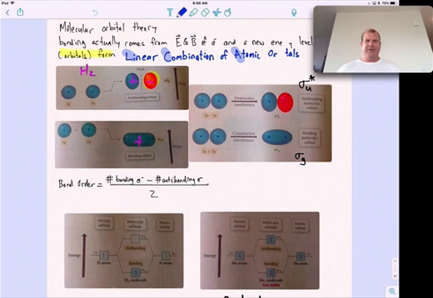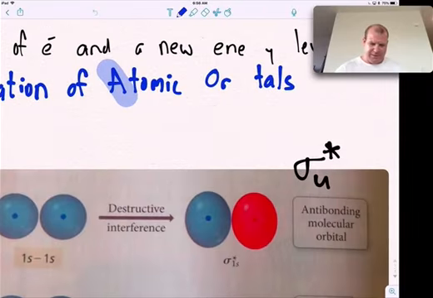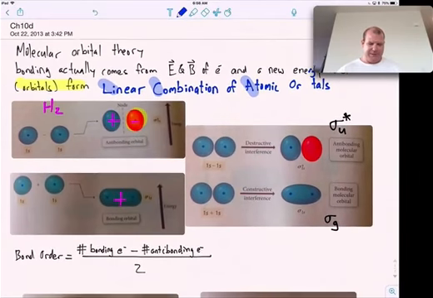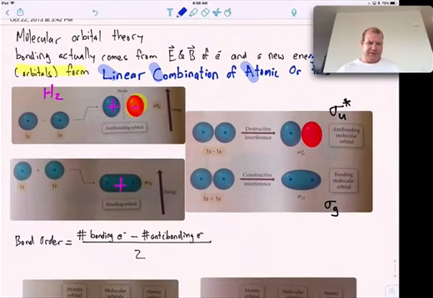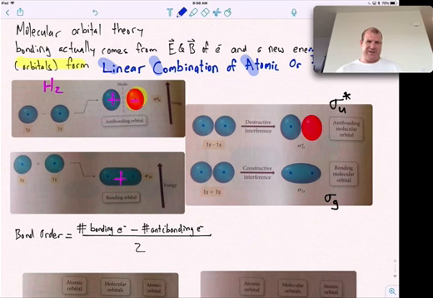I've been telling you that bonding actually comes from the electromagnetic field and forms new energy levels. But I'm going to tell you it's actually something else. This is the approximation.